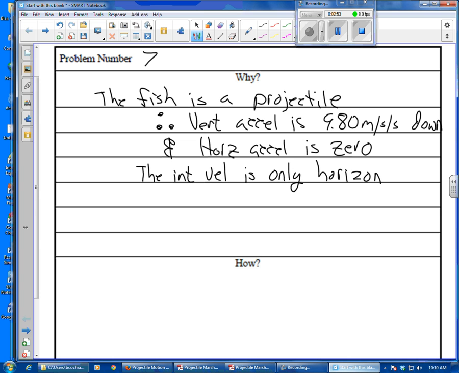The initial velocity is only horizontal. So it'd be 0 vertically. You can even put that in here. 0 vertically.